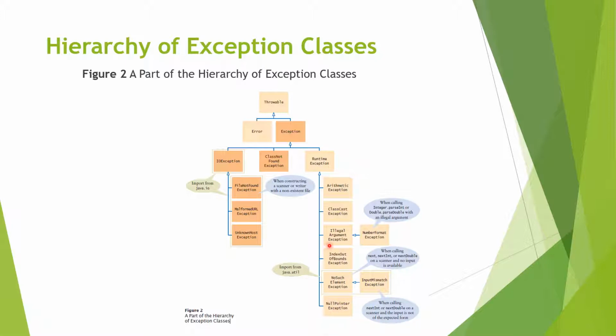These are some exception subclasses that you can create an object from, and you can instantiate an object of these types of exceptions. So basically, these are all runtime exceptions, and these are all IO exceptions.